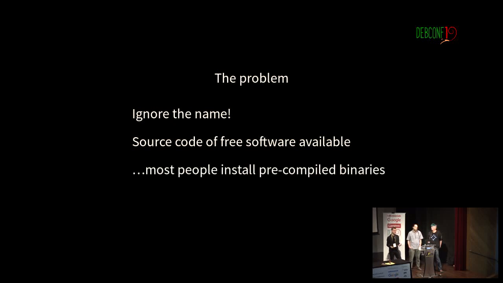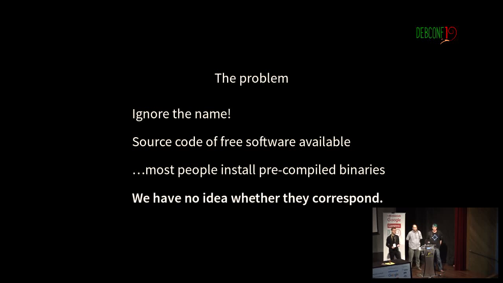Unfortunately, most people are installing precompiled binaries. You are running apt install, or downloading random binaries off Docker, and you have basically no idea whether these correspond with the source.